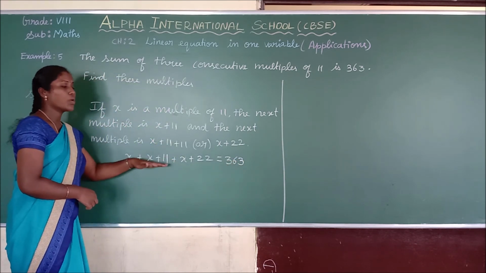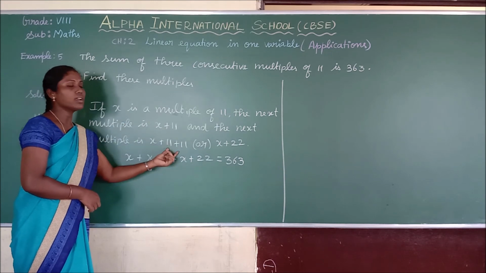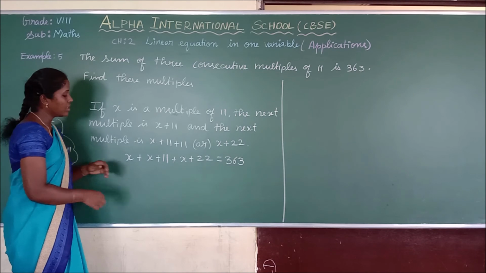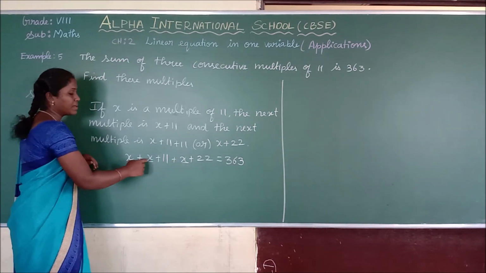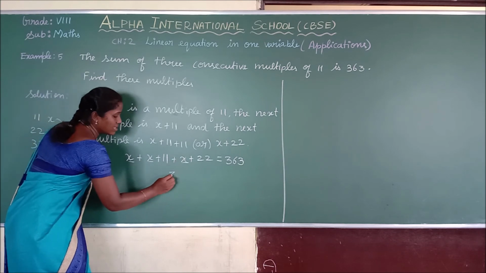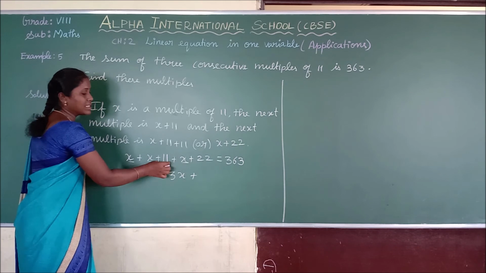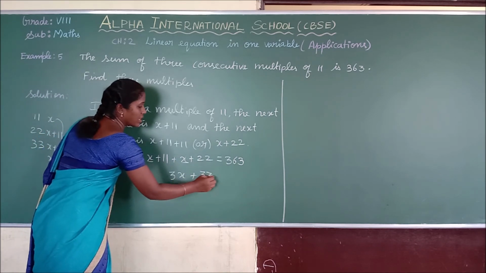So we are going to solve this and find the value of x. If we get the value of x, we can find the other 2 numbers also. So first solve for x here. See here, add the like variables. x plus x plus x, which is 3x. Then the numbers 22 plus 11. Add the constants. 22 plus 11, 33.